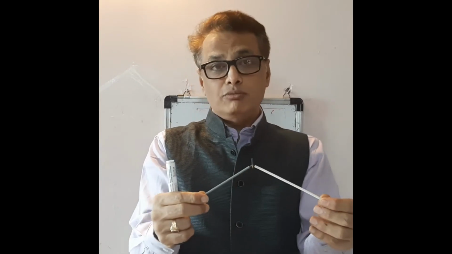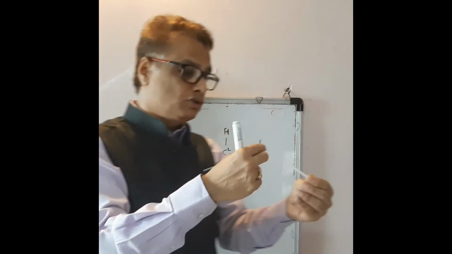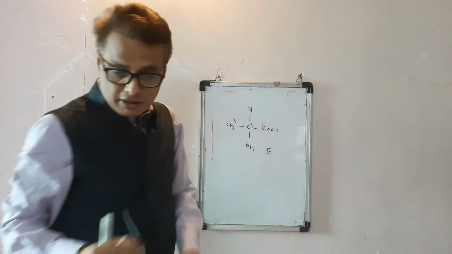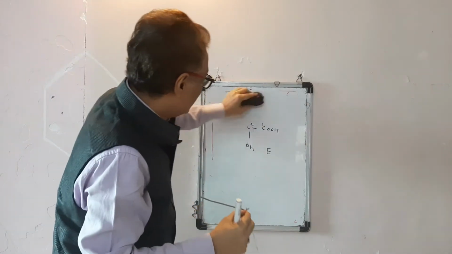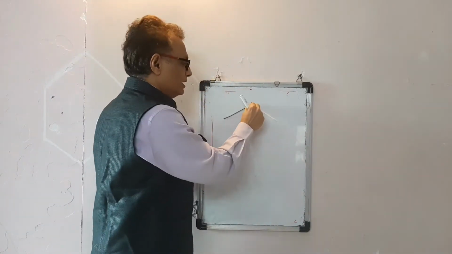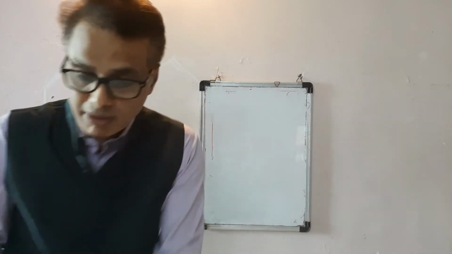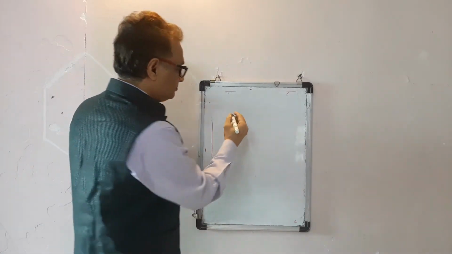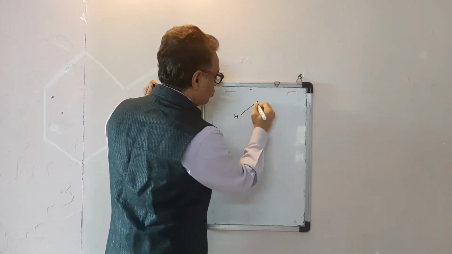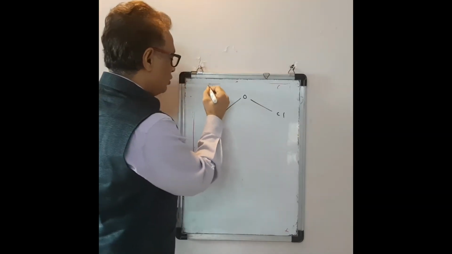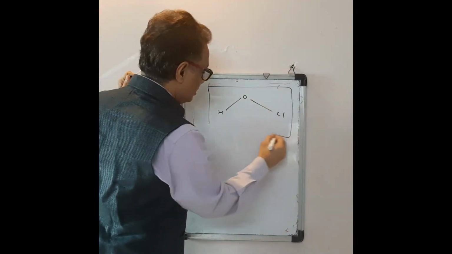Does it contain a plane of symmetry? Yes, because all the atoms lie on one plane this way. So it contains sigma. This is hydrogen, this is oxygen, and this is Cl. All the atoms lie on one plane.